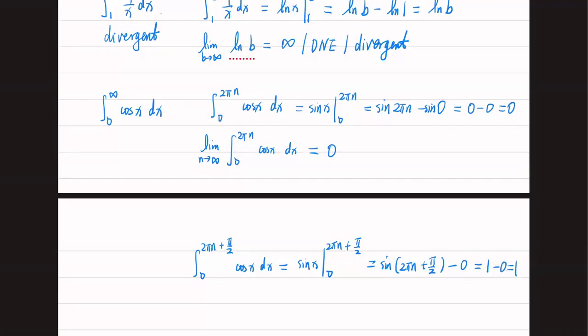So now we can see we found two limits. The first one along 2 pi n, you get 0. The second one along 2 pi n plus pi over 2, you get 1. So along two sequences, two different limits conclude this limit does not exist.